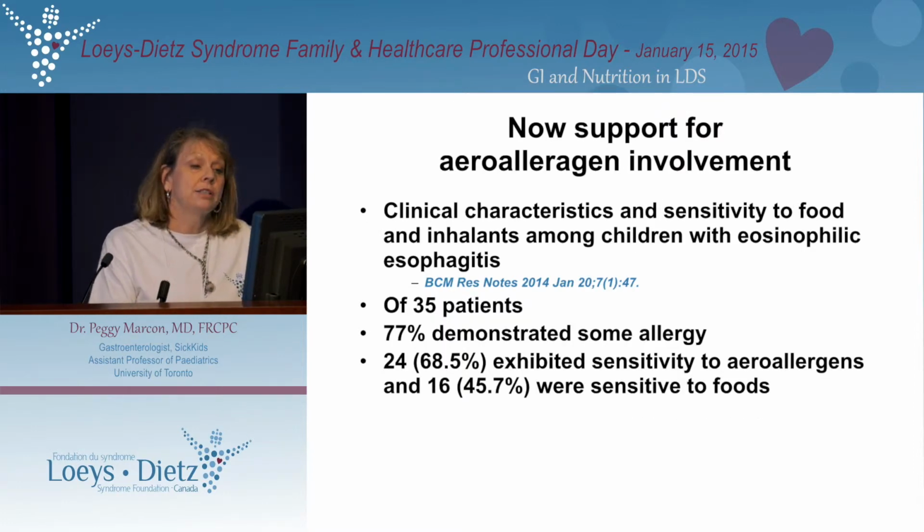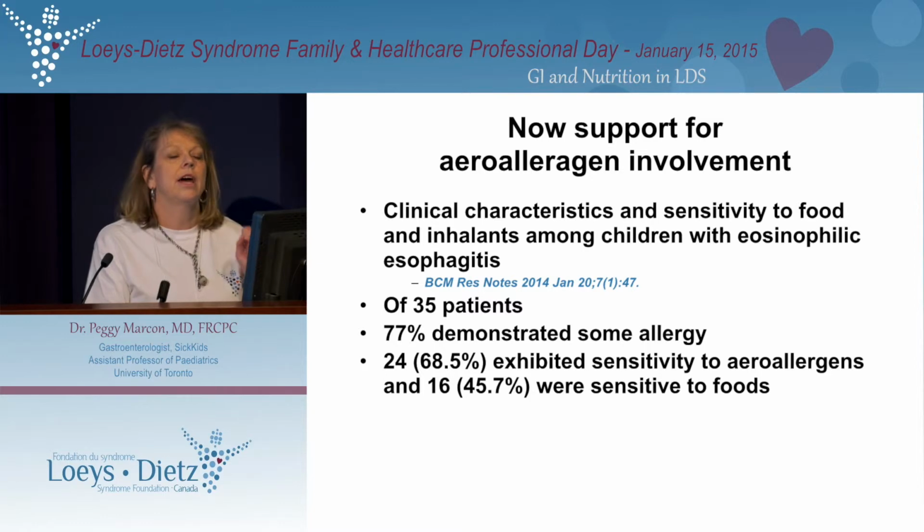We know that aeroallergen involvement is important, and there's definitely people with classic EoE that have seasonal symptoms. And I have kids who will tell you that April and October are terrible. So we have to plan what we're going to do because it's driven by the aeroantigens. So it's important.